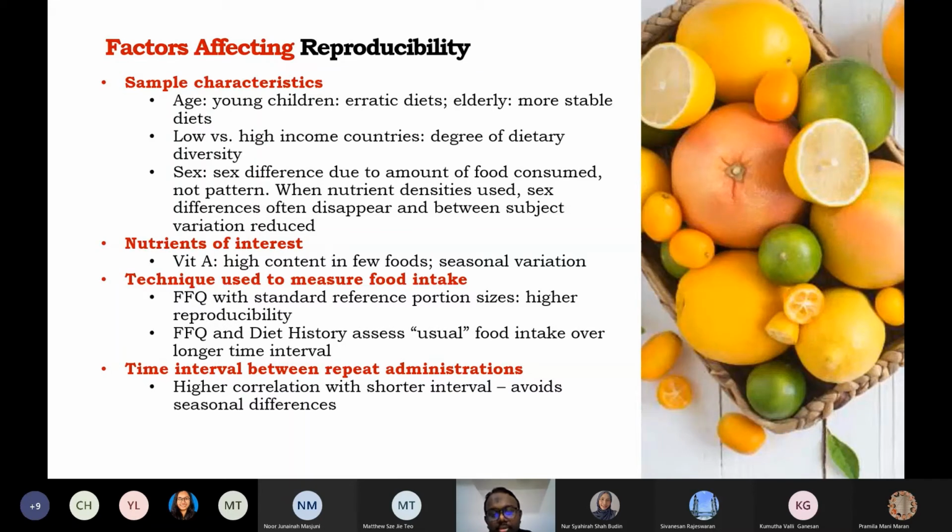So when we do nutrient densities, we try to correct and report the nutrients per 1000 calories, for the example of dietary fiber. Just now for male is 30 grams of dietary fiber divided by 2000 calories times 1000 calories. And for female, just now was 25 grams of dietary fiber divided by 1500 calories times 1000 calories.